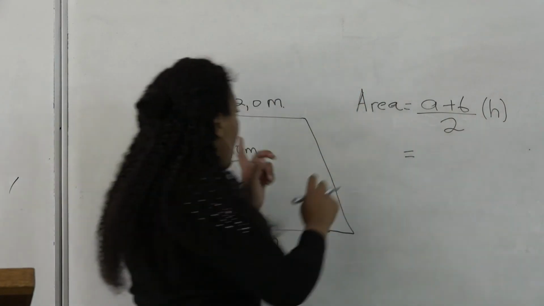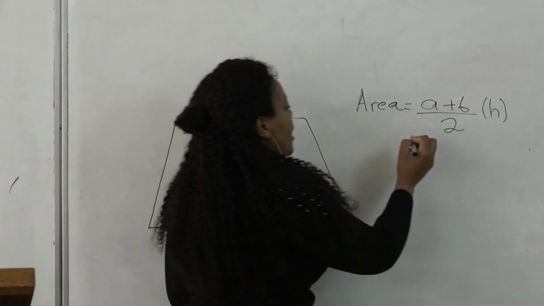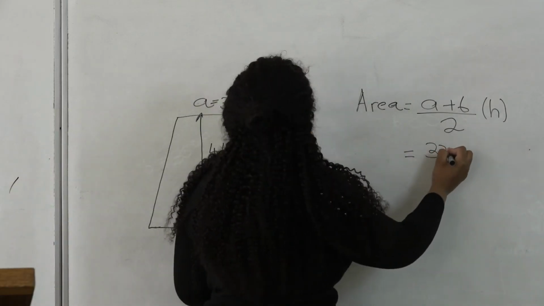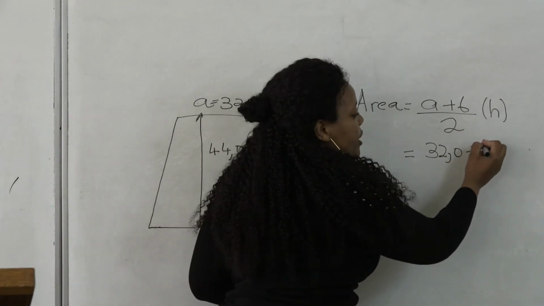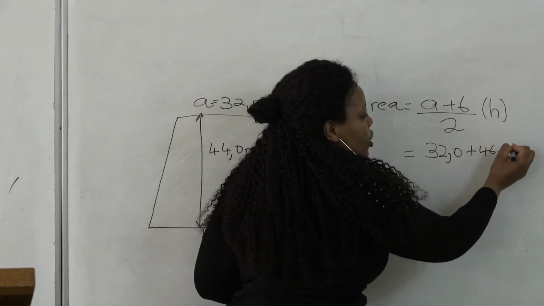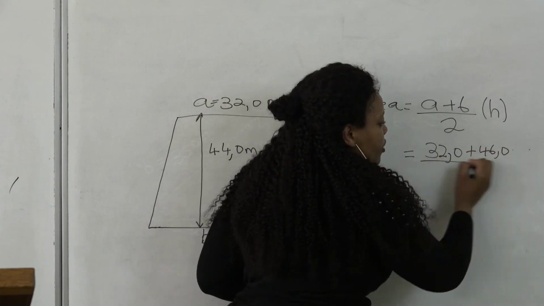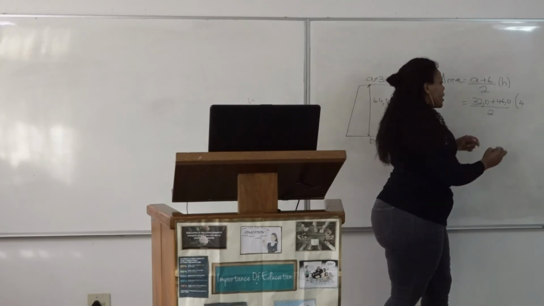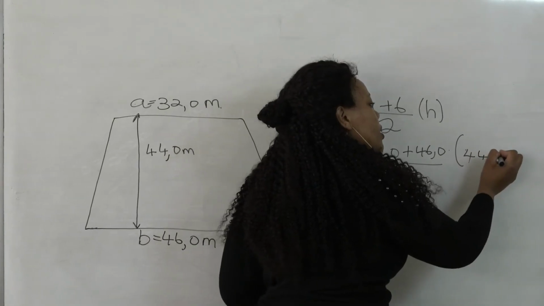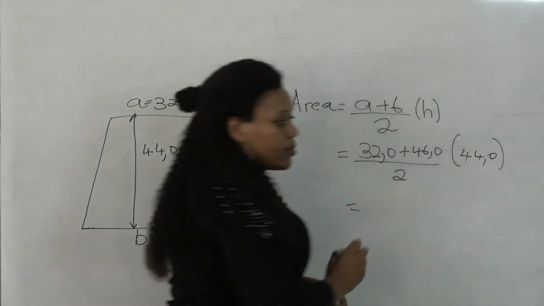Our A, our short side here, is 32,0 plus our long side, which is 46,0, divided by 2, and our perpendicular height here is 44,0 meters.